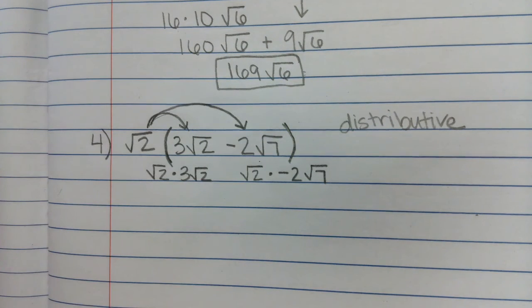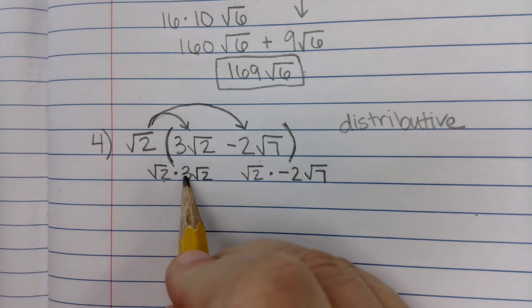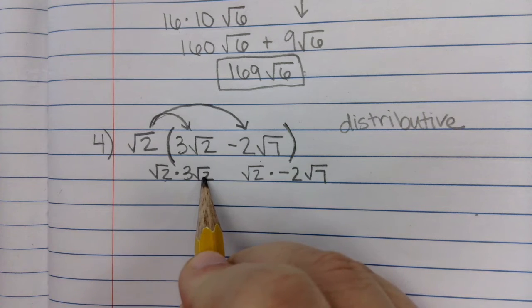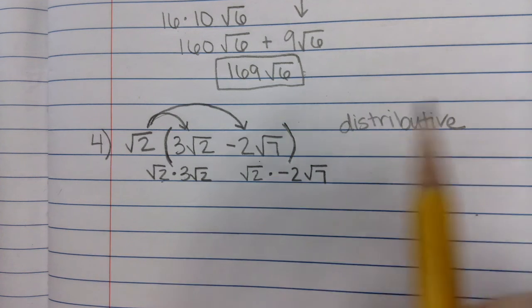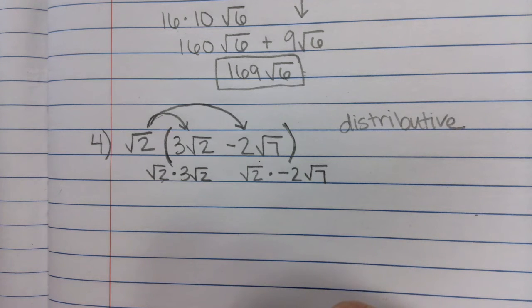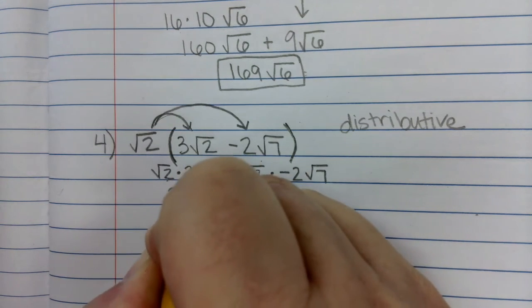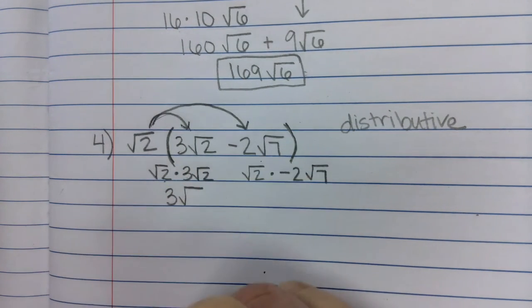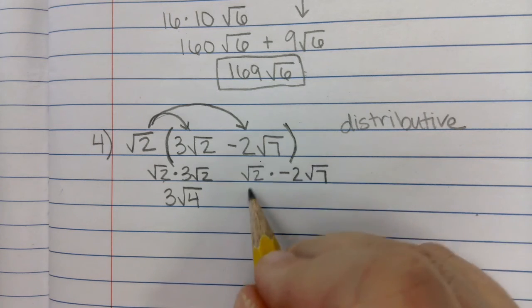Now over here, what parts should we multiply? The square root of 2 times negative 2, or the square root of 2 times the 7. Good. And 2 times 7 is 14. Alright, now we want to look and see if we can simplify either of these answers.